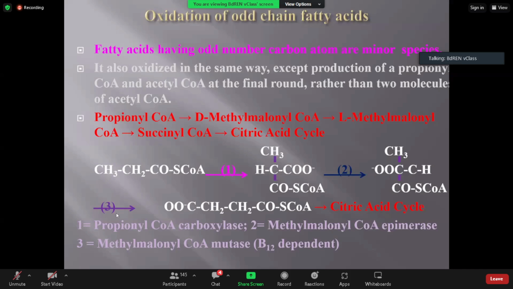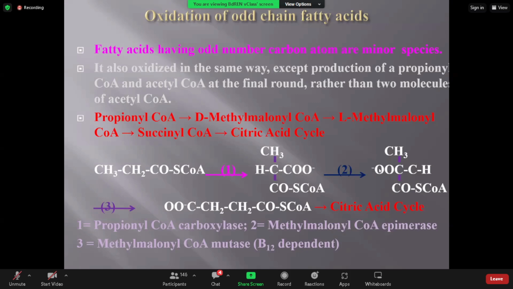If this enzyme is absent over here, then these two compounds will not be converted into succinyl coenzyme A. And if this reaction does not happen, then the methyl malonyl coenzyme A, either D or L, will accumulate in the body. This form is called acidic condition, because you have seen that it contains a carboxyl group, and if a compound contains a carboxyl group, then it is acidic in nature.